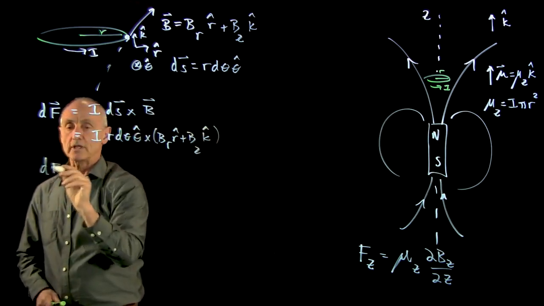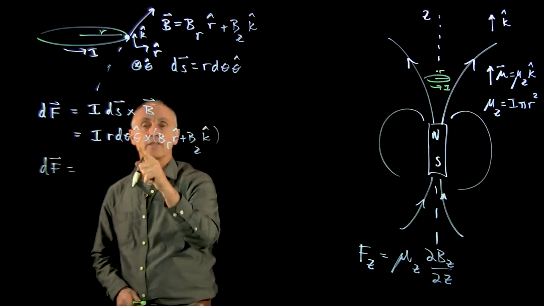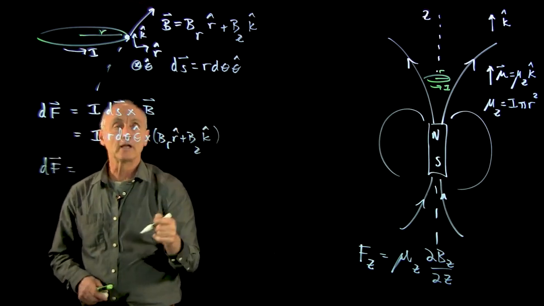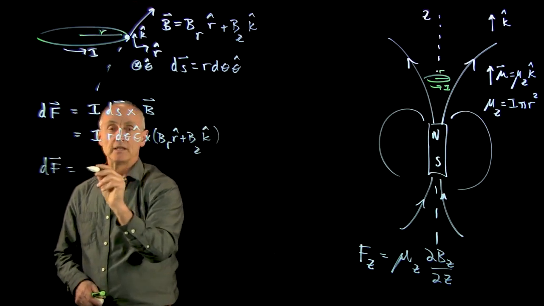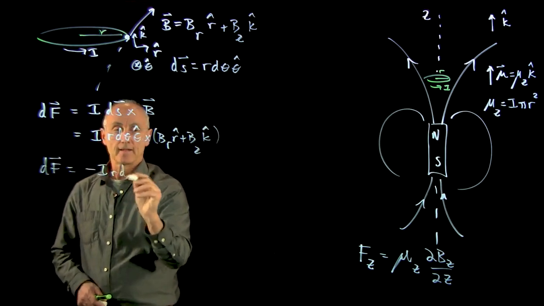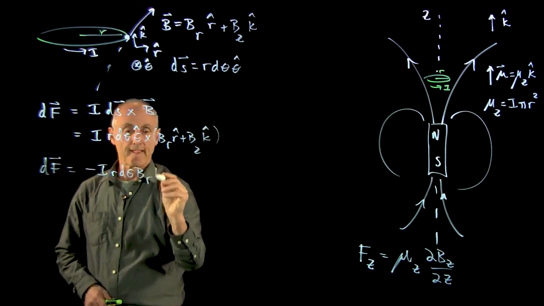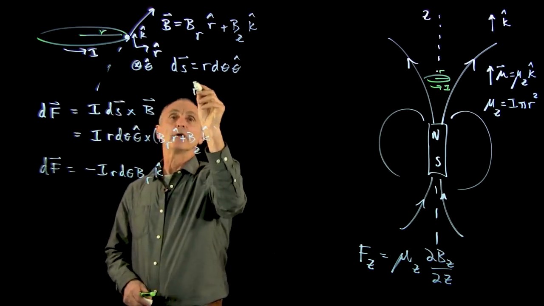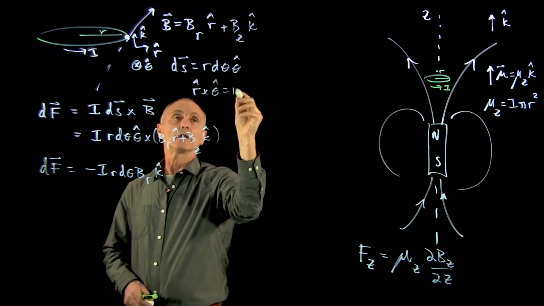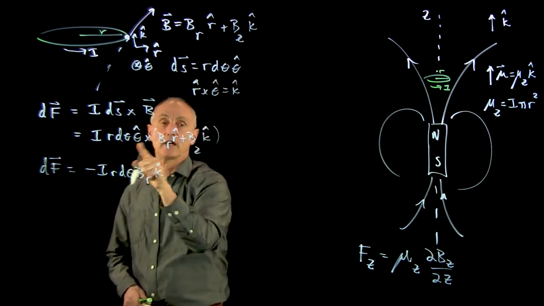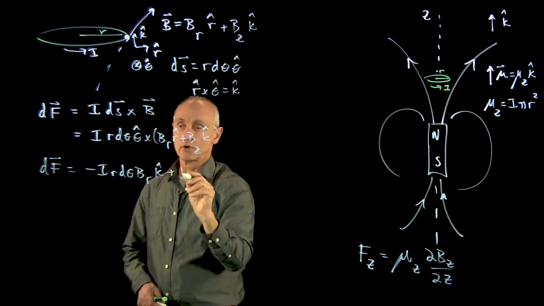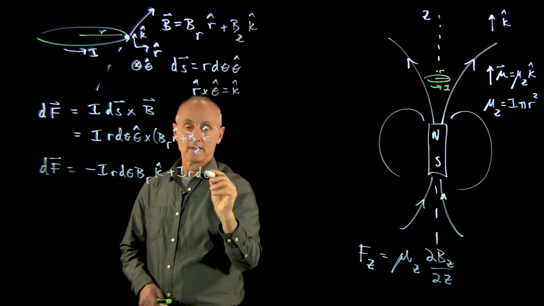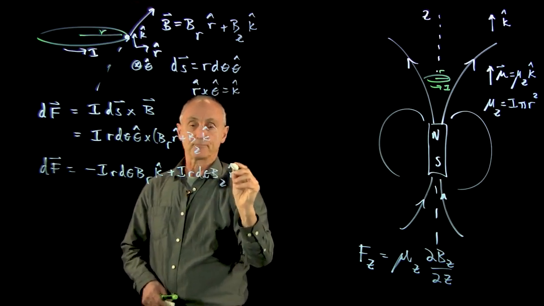And when we calculate this, we have theta hat cross r hat. That's a component in the negative k hat direction. And we have theta hat cross k hat. Remember, we have r hat cross theta hat is k hat. Here we have theta hat cross k hat, and so we have a component Bz r hat.